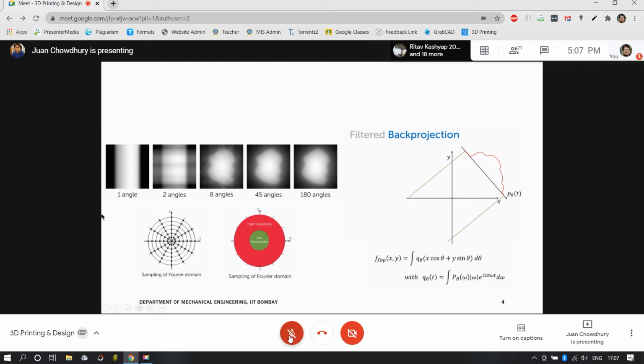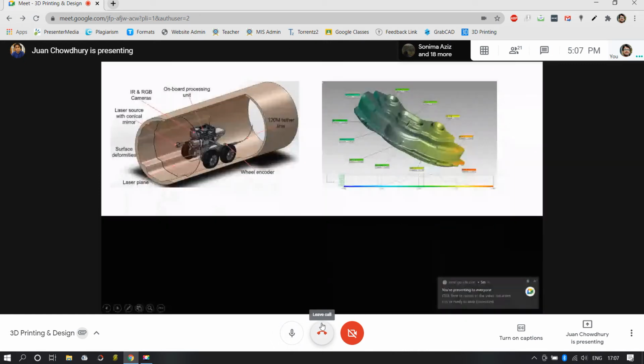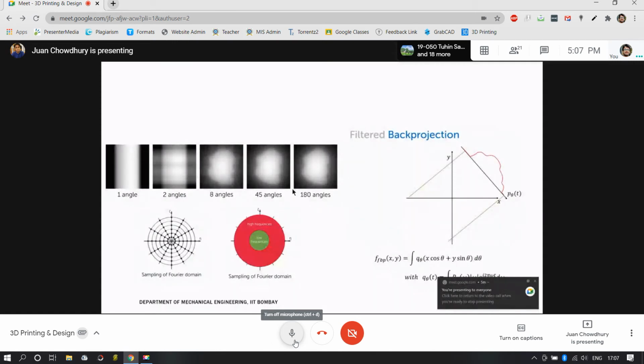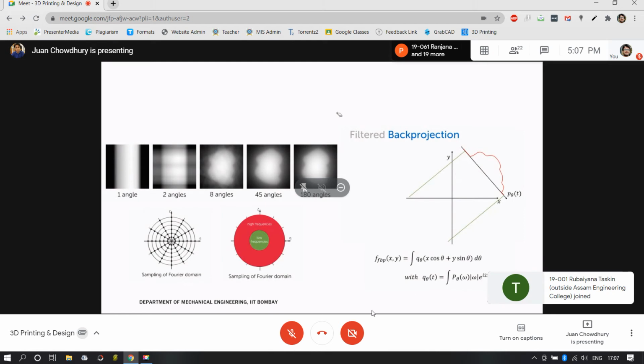Wait, just. Now it's moving a little bit. Okay, I believe it is just up to the slide there. Okay, yeah, I think it is there now. Yes.